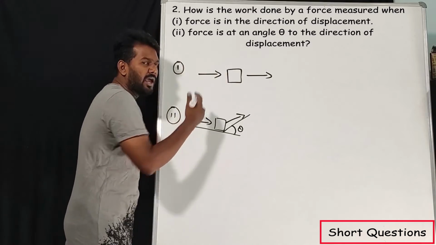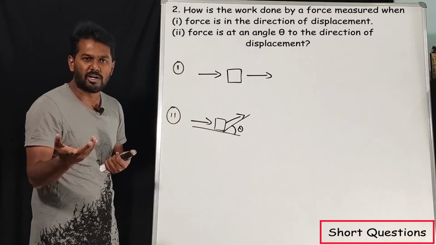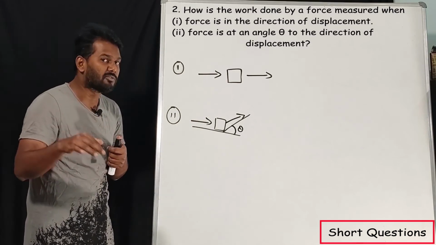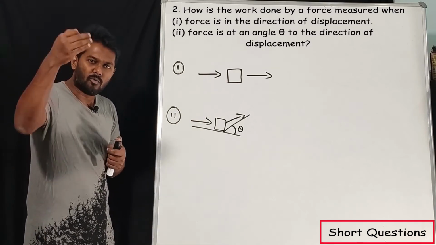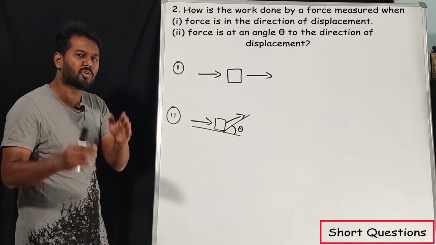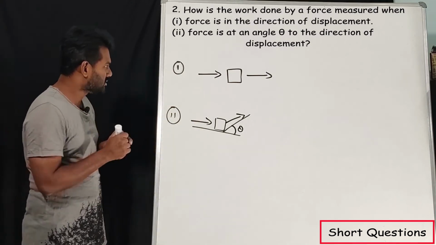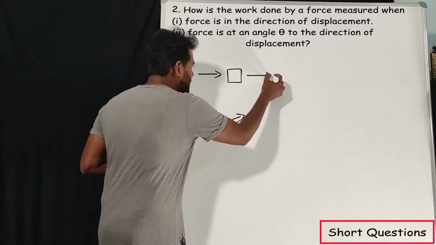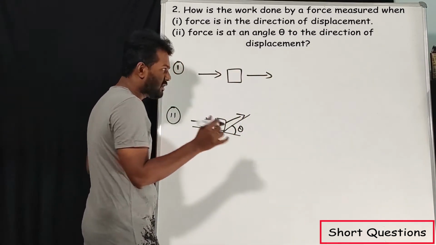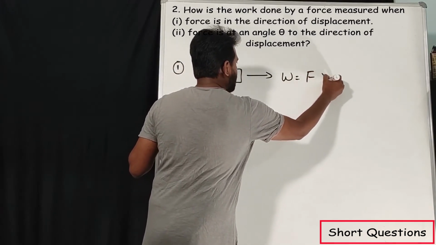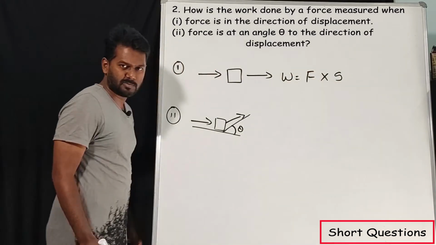Very simple. If you have understood the concept video properly, which I thought you had, if you haven't seen it, that video is available in the description box. First watch that and come. If you watch that, then you can easily solve all these questions. Now see, if the force is applied in this direction and the displacement of the object is also in the same direction, then work done is equal to the product of force into displacement.